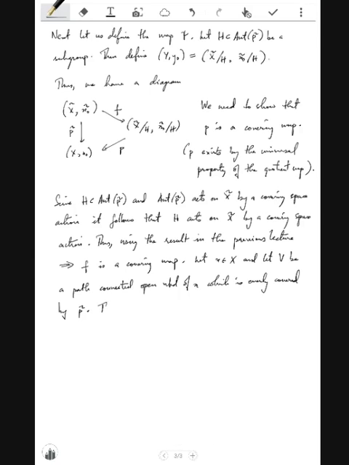Then we have p tilde inverse of V is equal to the disjoint union over all the fibers over x, W of x tilde i.